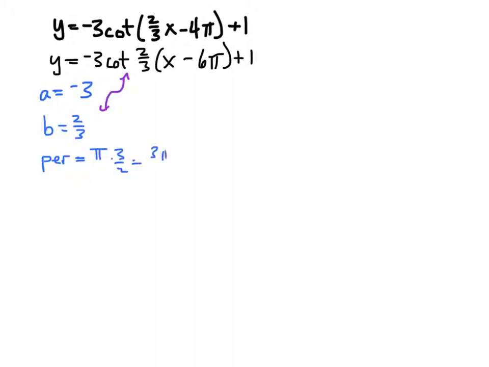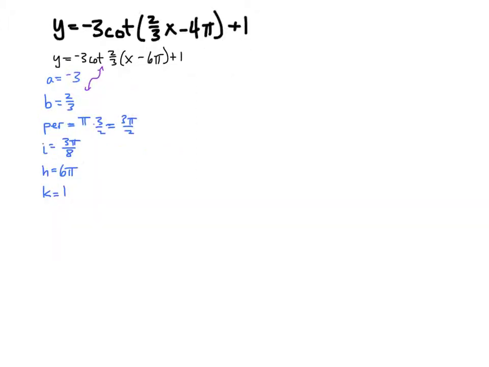So it's 3 pi over 2. Dividing that by 4 gives me an increment of 3 pi over 8. We have an h of positive 6 pi and a k of positive 1. All right, now we listed everything that we need in order to graph it.